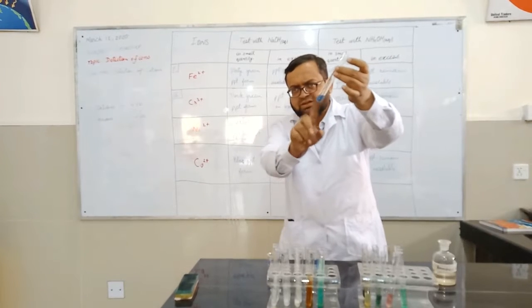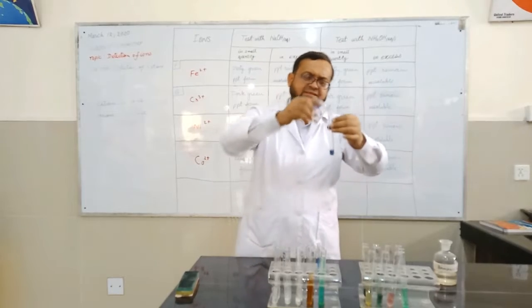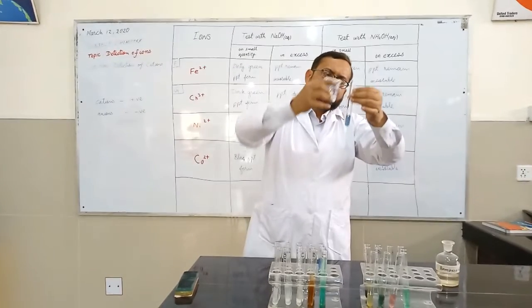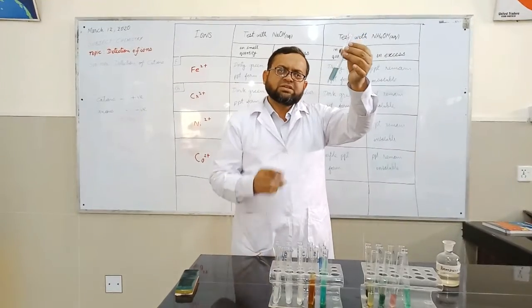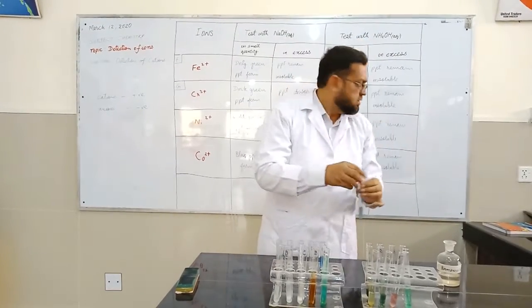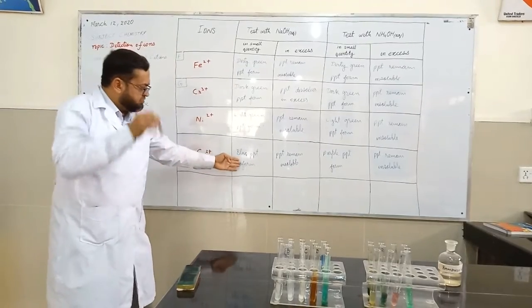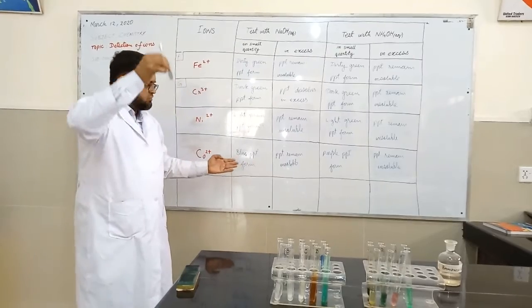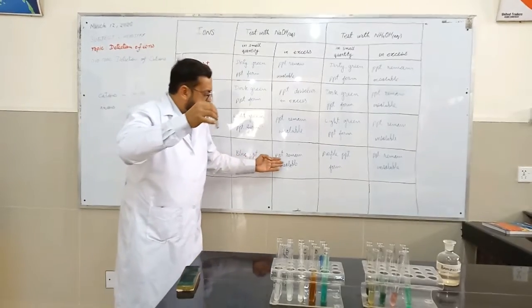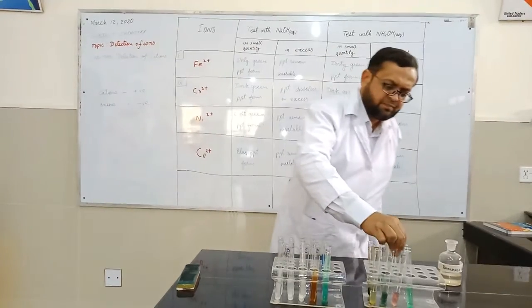These are precipitate particles, not solid. And even in excess, the precipitate remains insoluble. Definitely, the color itself shows that it is cobalt, and our results also show a blue precipitate with a small quantity of sodium hydroxide, which remains insoluble in excess.